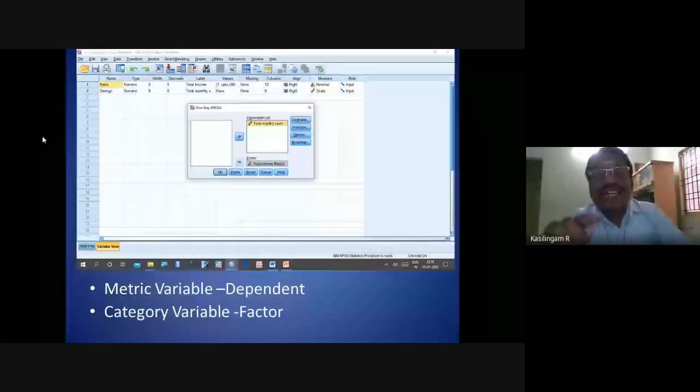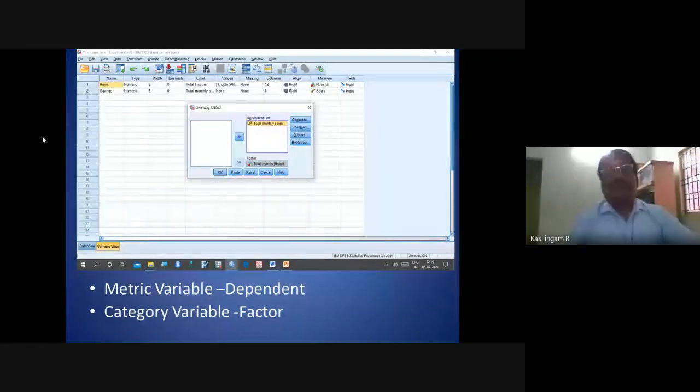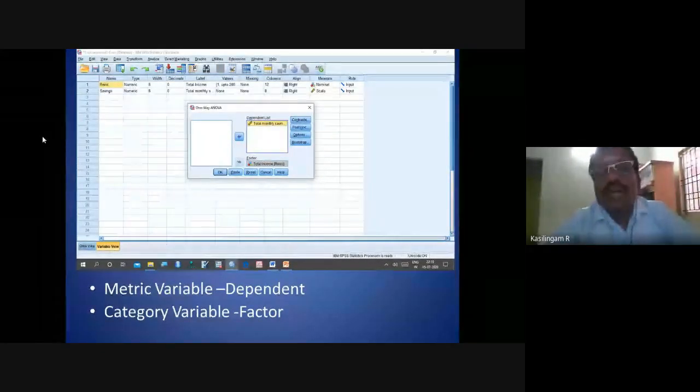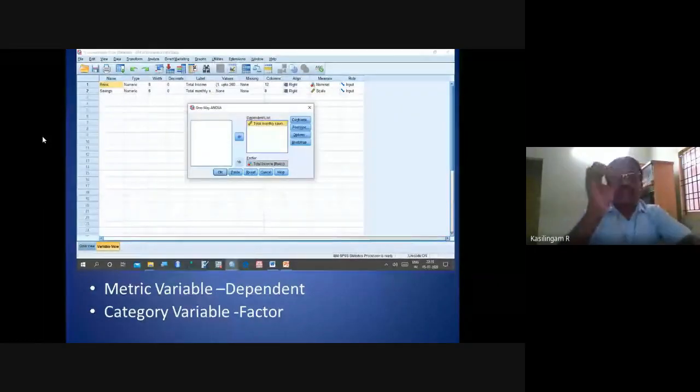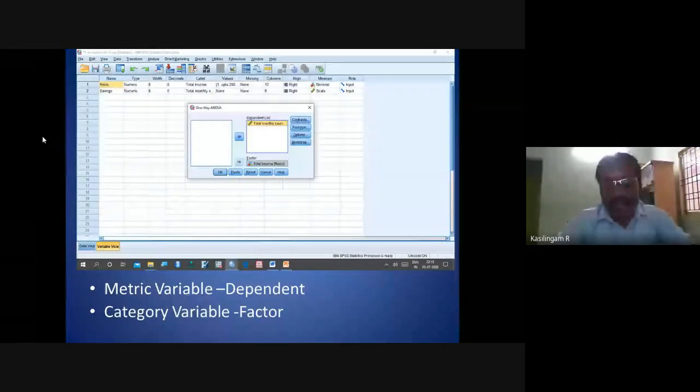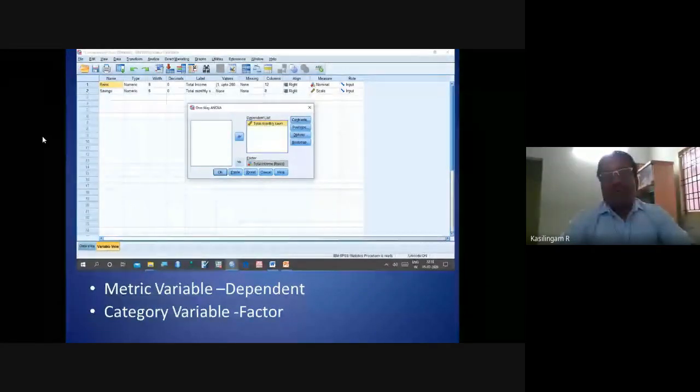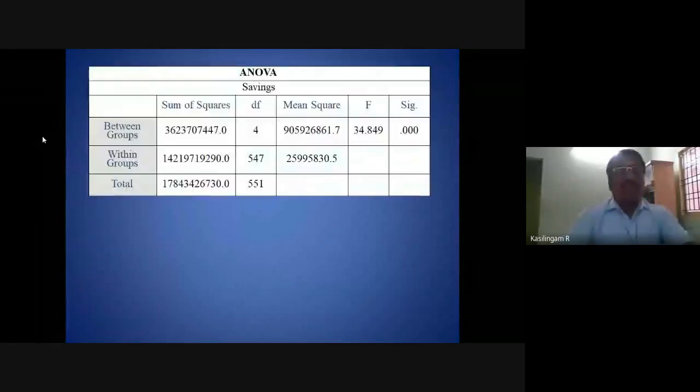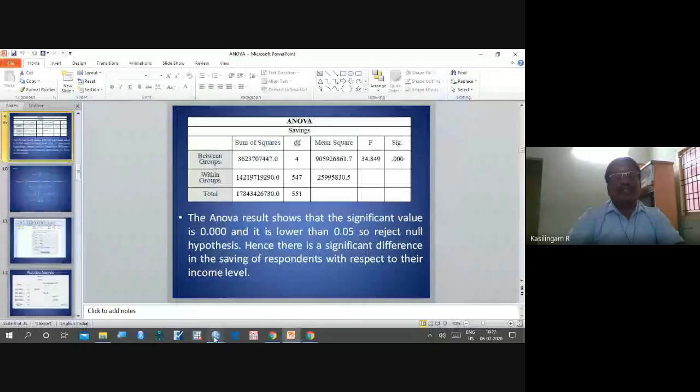Because we can put only one categorical variable. Only one categorical variable. Otherwise, only one factor variable. That is why we call this one-way ANOVA. Next, let me go to the data set and I will come.